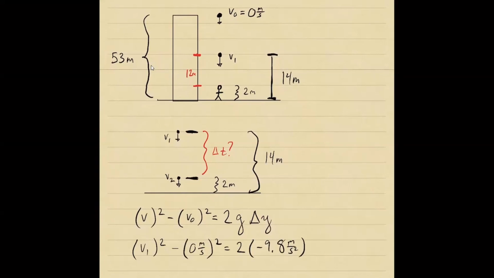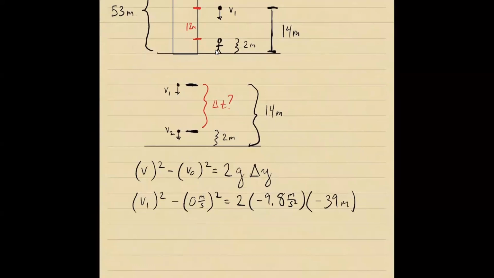So if this whole thing is 53 meters, the displacement is going to be from 53 meters down to here. So it's going to be our final position, which is 14 meters, minus our initial position of 53 meters. So in this case, the displacement is going to be minus 39 meters. Right, where the minus sign indicates that indeed this thing has fallen downwards.